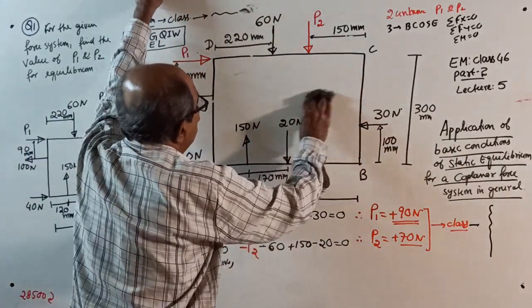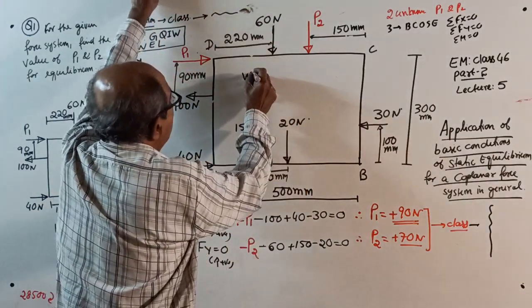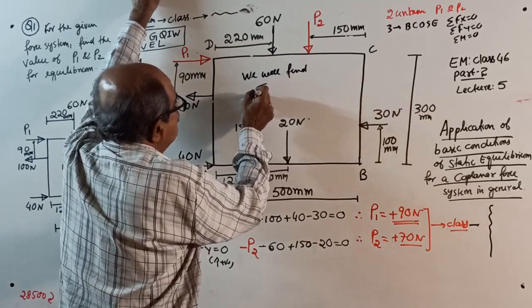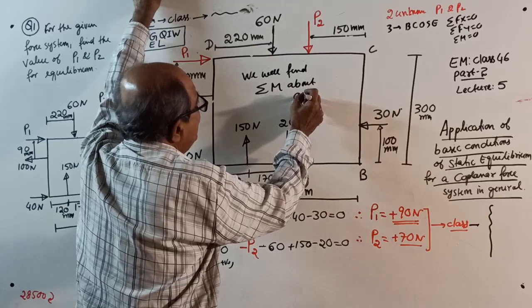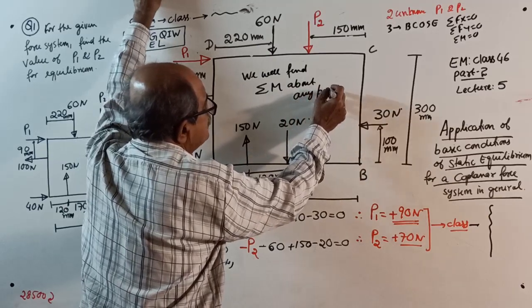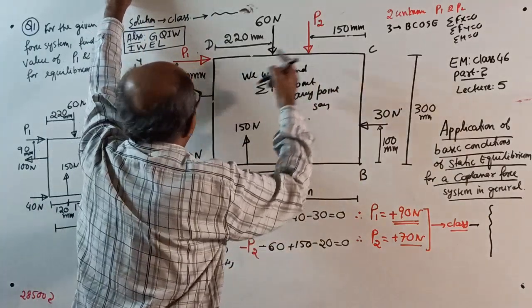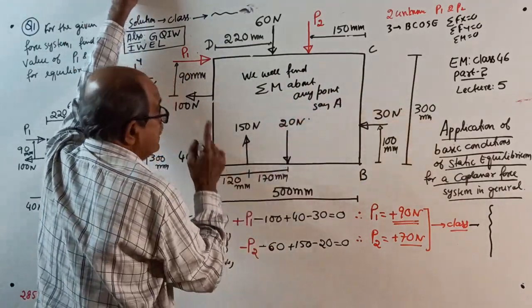What we will do is find sigma M about any point of our choice. Say, I will take A, B, C, D. In the question it is not given, so say A. Usually people want A. Okay, start.